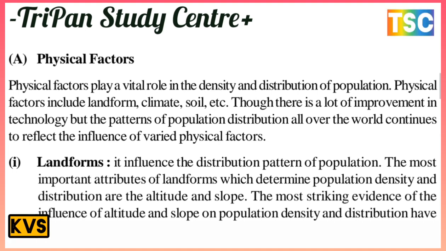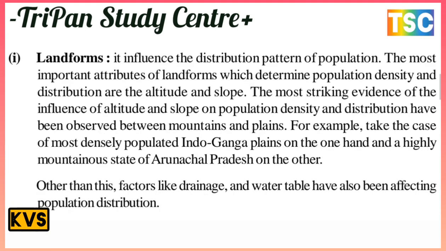Landform is first. Landform influences the distribution pattern of population. The most important attributes of landform which determine population density and distribution are altitude and slope. The most striking evidence of the influence of altitude and slope on population density and distribution can be observed between mountains and plains.